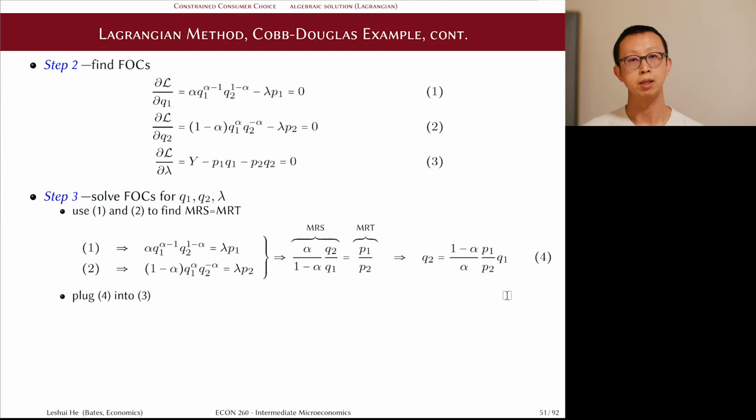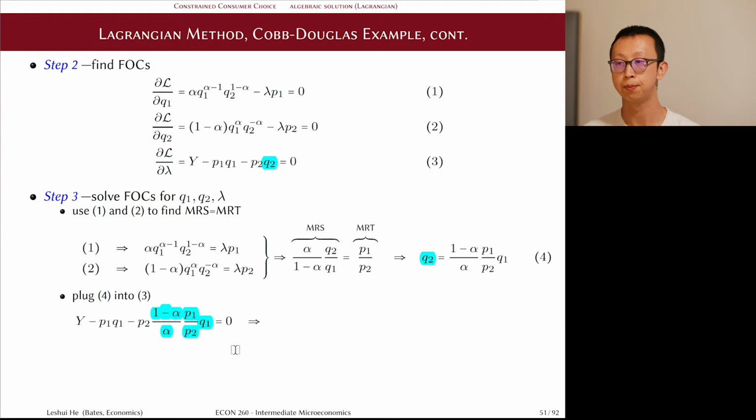Now we can plug equation 4 into equation 3 to replace Q2. And when that happens, I'm simply plugging in this entire expression coming from equation 4 into the position of Q2 in equation 3. And that's here.